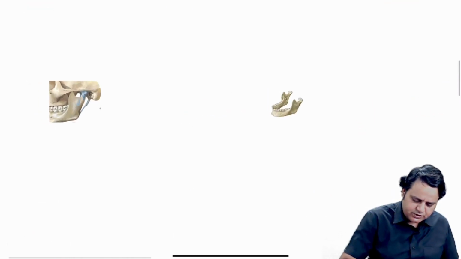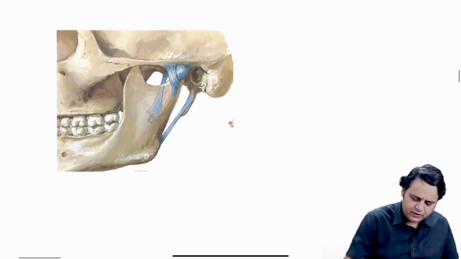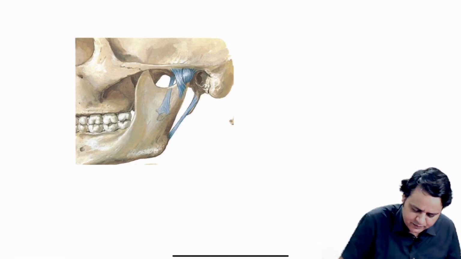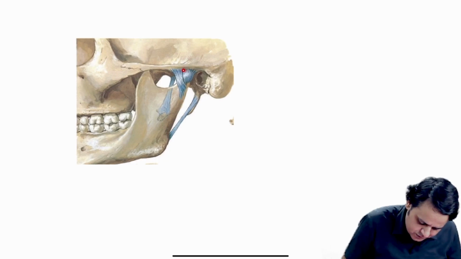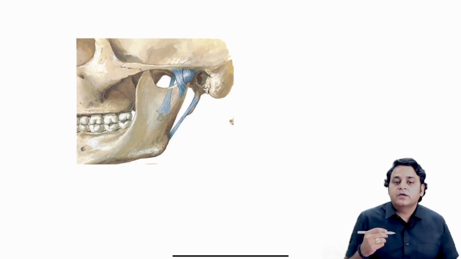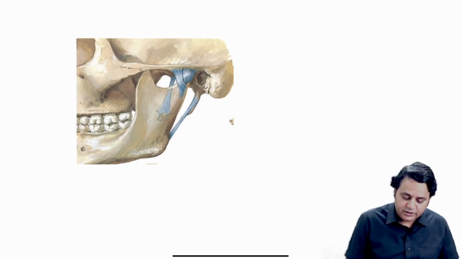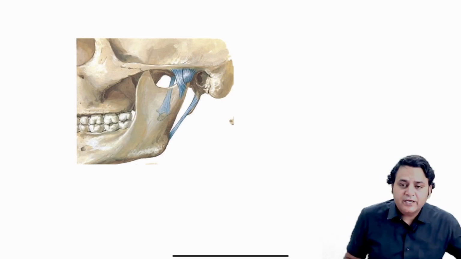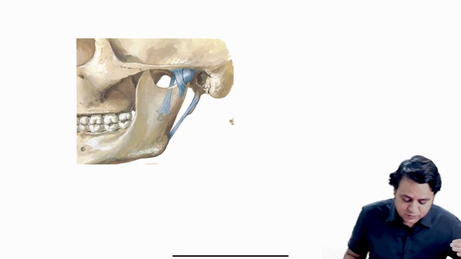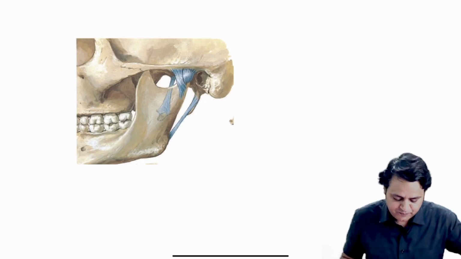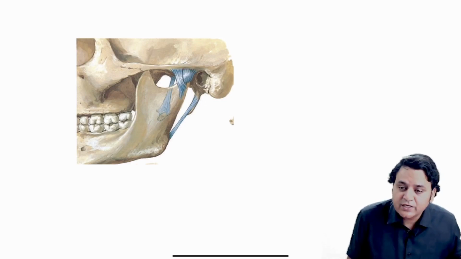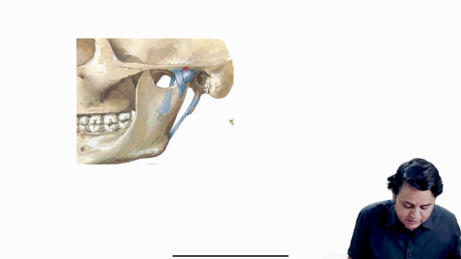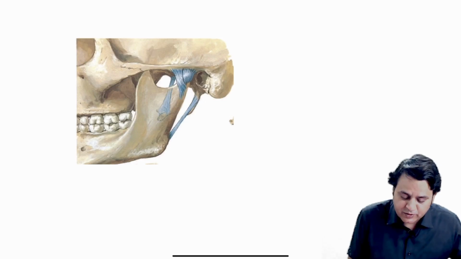So first of all, you see this diagram. This is the capsule of this TMJ joint. So what is the attachment of this capsule of the TMJ joint? It is attached above to the articular tubercle.